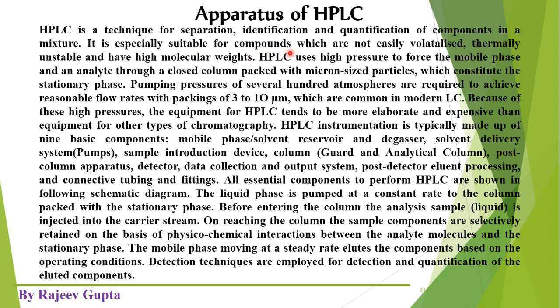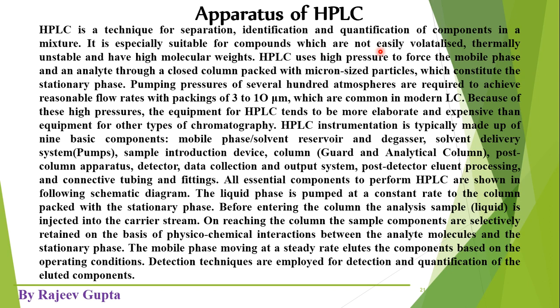This technique is suitable for compounds which are non-volatile and thermally unstable. As we have seen in an earlier lecture, in gas chromatography the compound should be volatile and thermally stable.